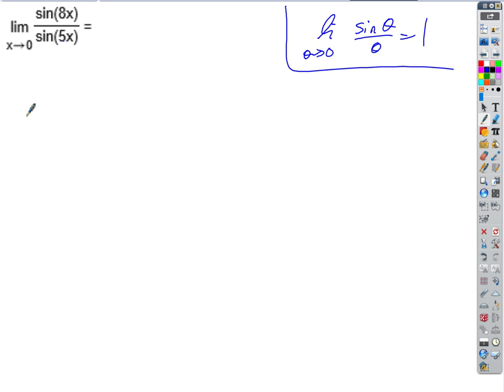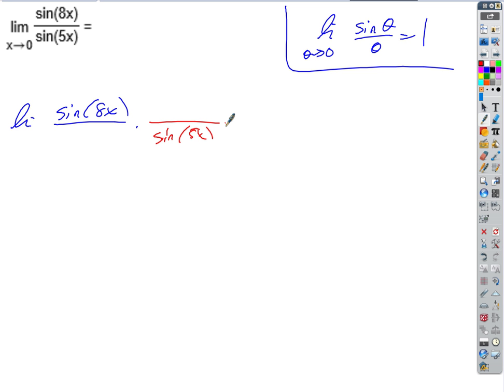So how about this? The limit of sine 8x over something times sine 5x over something. Now what needs to go there? 8x. And what needs to go there? 5x.